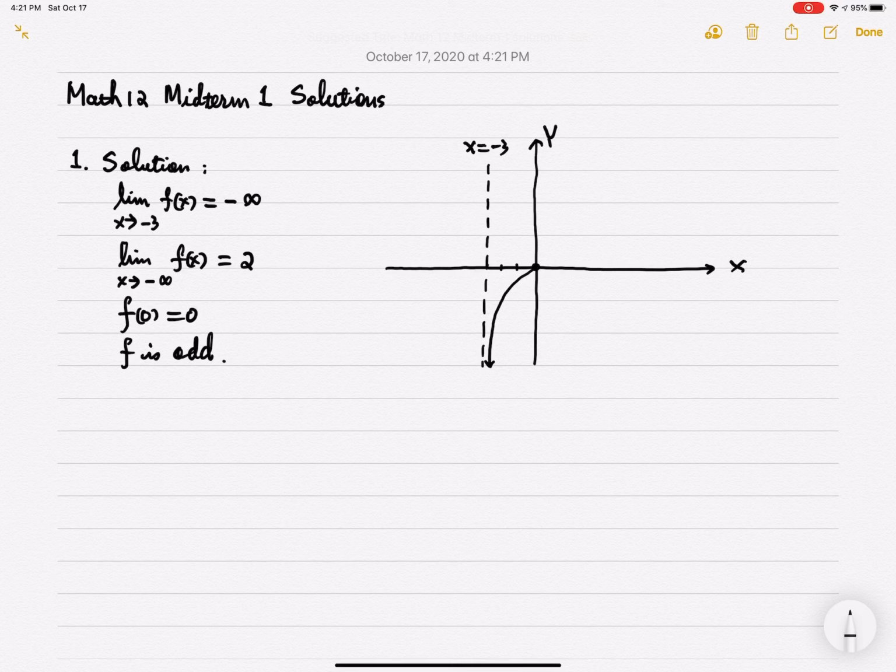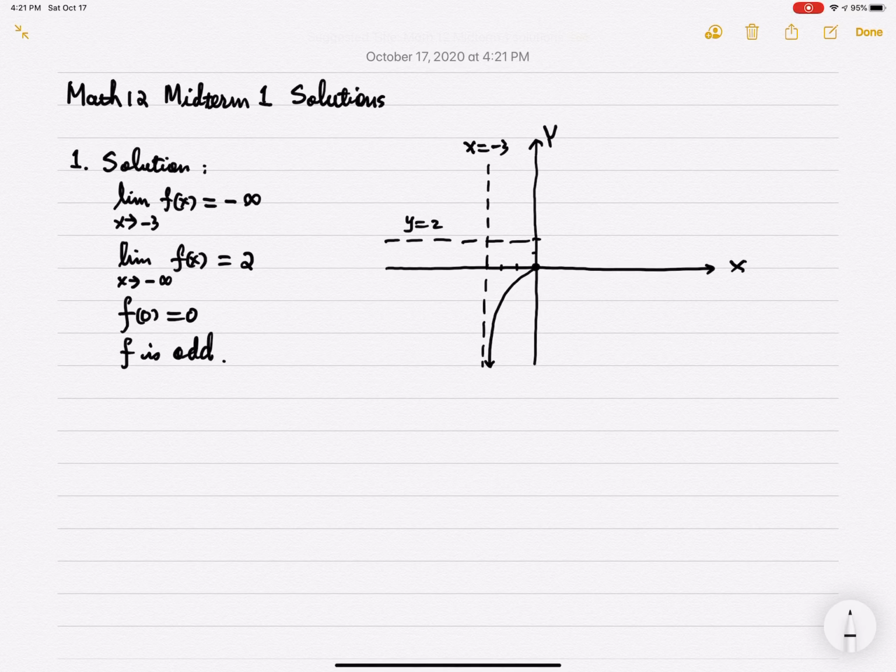If you want to draw a different curve satisfying the conditions, that's fine. Now suppose this is 1, 2. The function goes to 2 when x goes to -infinity. So this is y equals 2.